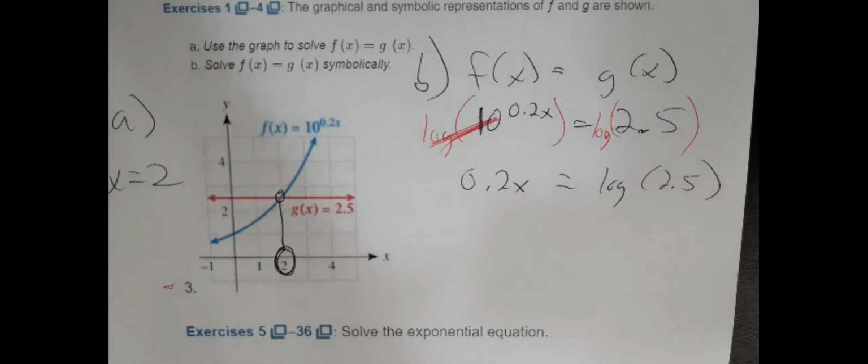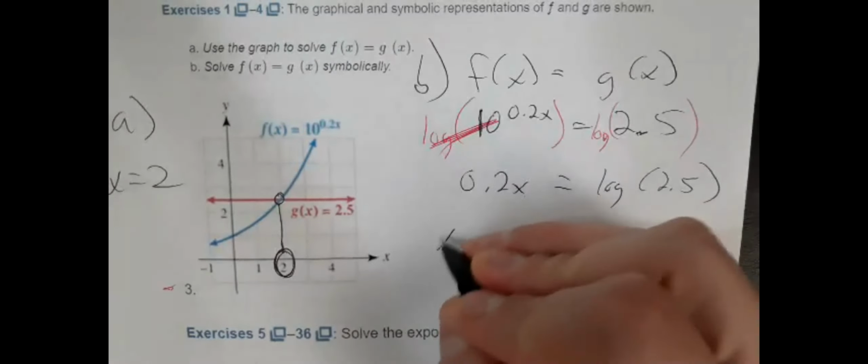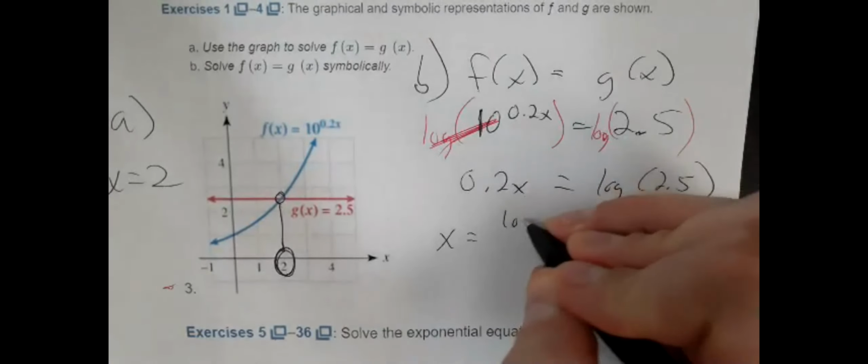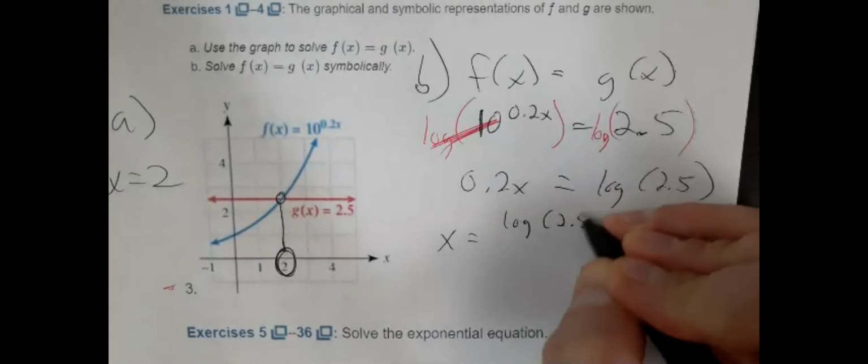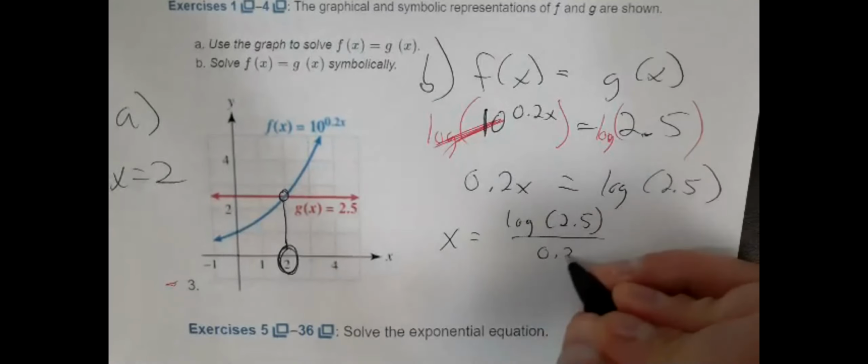And we want to solve for what variable? X. We want to solve for x. So what's the last step I have to do? Divide by 0.2. Yeah, I have to divide by 0.2. So x is going to be log of 2.5 divided by 0.2.